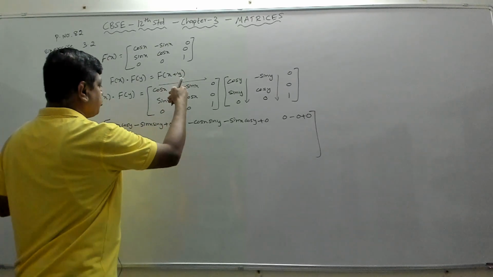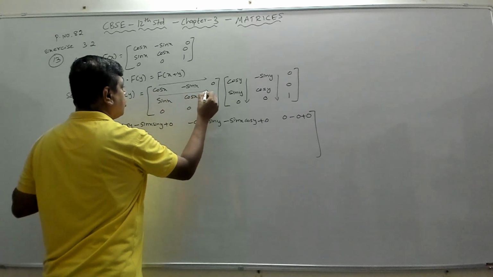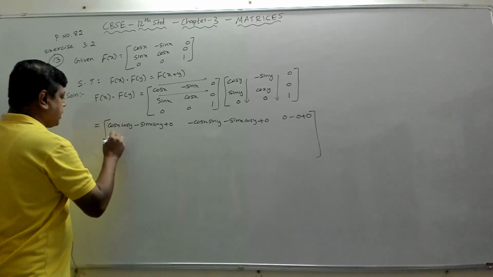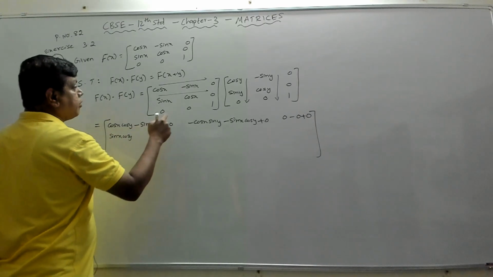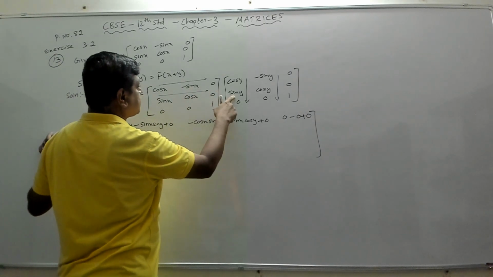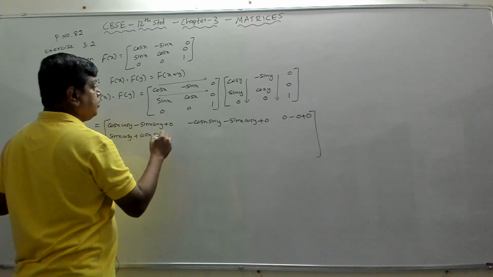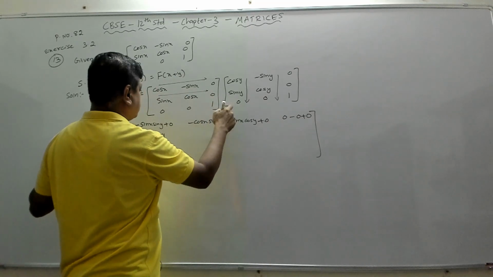Now I'm moving on to the second row. Second row with the first column: sin x into cos y is sin x cos y, then plus cos x into sin y is cos x sin y, then again 0 into 0 is 0.